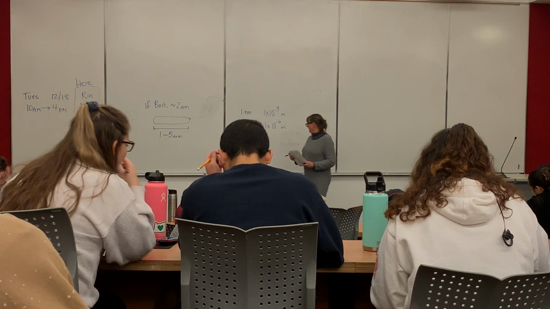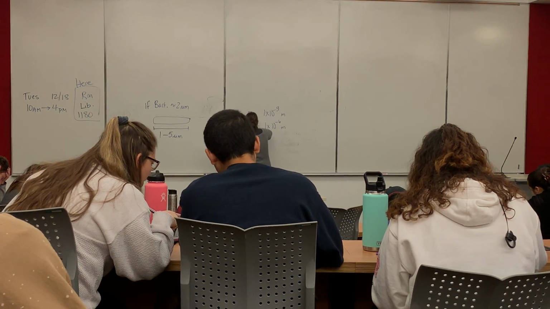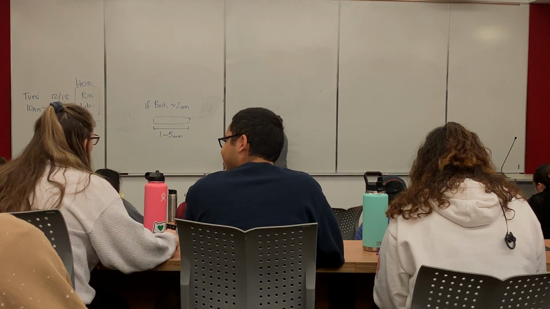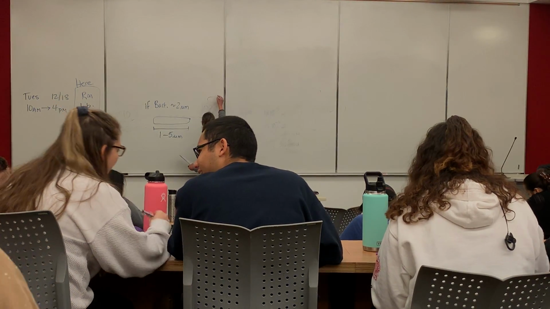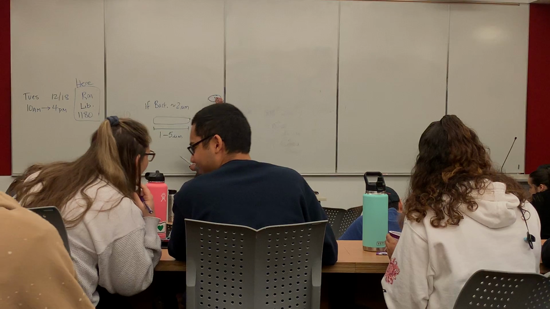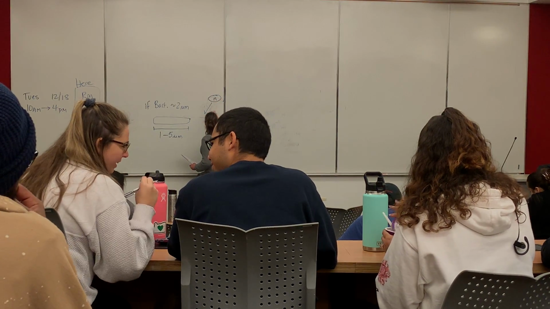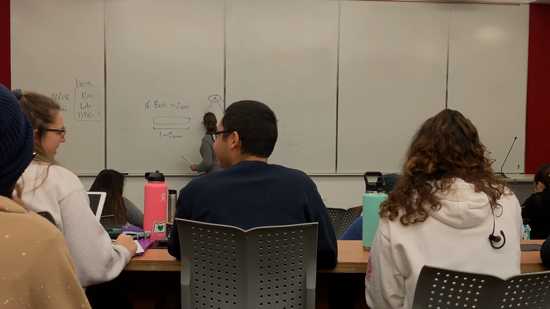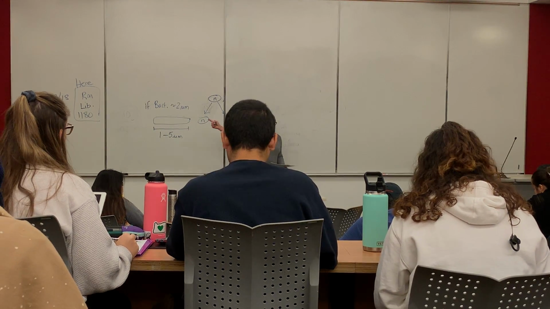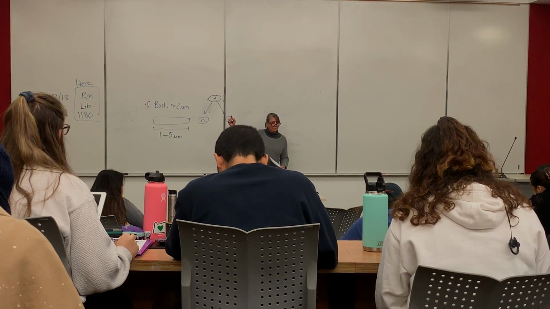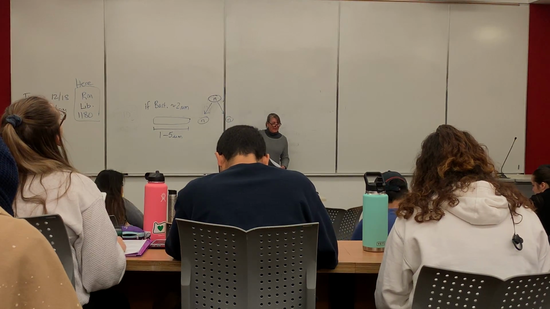Okay, this next one is asking you to give a generation time. So remember, a generation time is the time it takes to have whatever population N and have it divide two ways. So you could have 1 going to 2, you could have 4 going to 8, whatever it is.